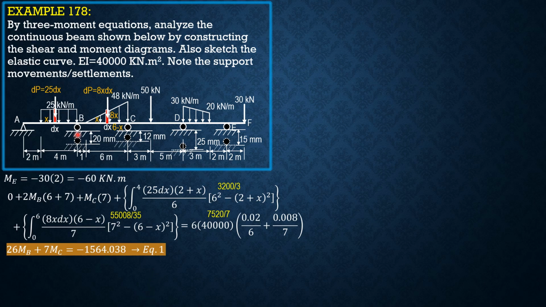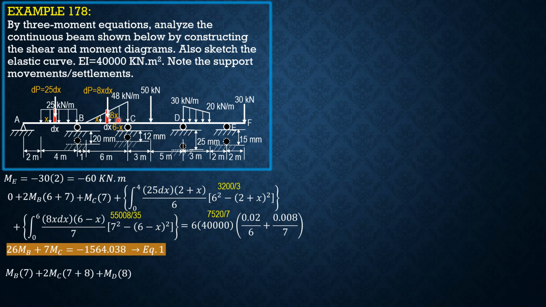Then we have to apply three-moment equation on spans BCD. So moment B times 7 plus 2 times MC, quantity 7 plus 8, plus MD times 8.